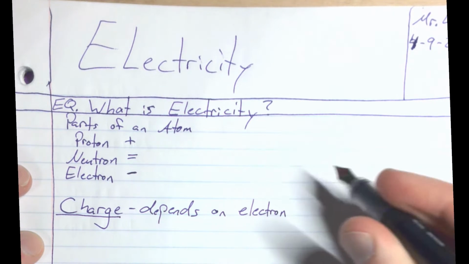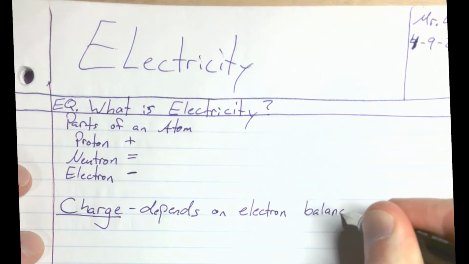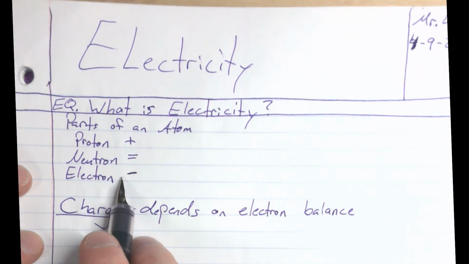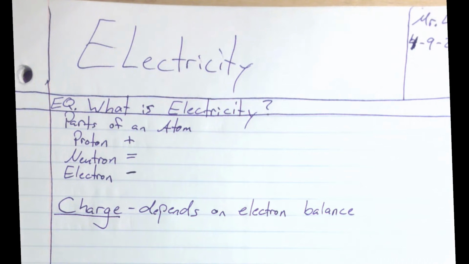So it depends on the electron balance. So if I have more electrons, it's going to be negatively charged. If I have more protons, it will be positively charged. If they're equal, then it's neutral.